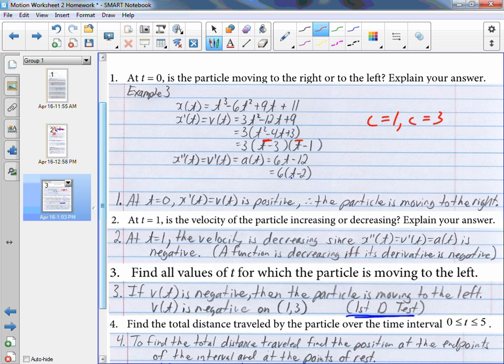Then let's go between 1 and 3, like a 2. If it's 2, the first one's still negative, but the second one's positive. Now my velocity is negative. Let's go to the right of 3. That one will be positive. The second one would be positive. The velocity is positive. So the velocity is negative between 1 and 3. Okay? Make sense?